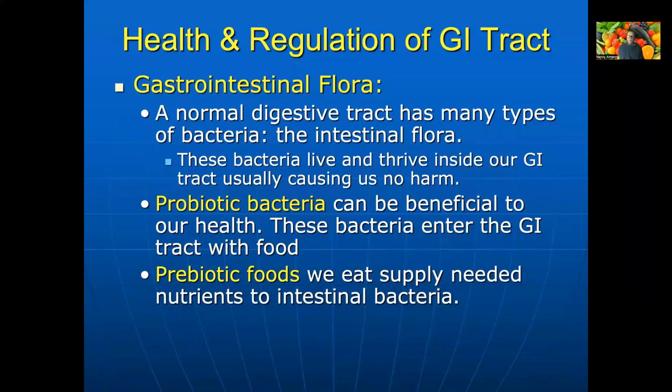So how do we keep our GI tract healthy? Really, the best way is to eat a moderate, healthy diet and exercise. So we do have a ton of different types of bacteria, the normal flora or intestinal flora, and they are there to help keep us healthy.